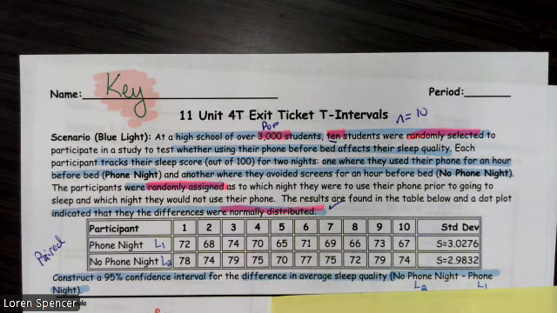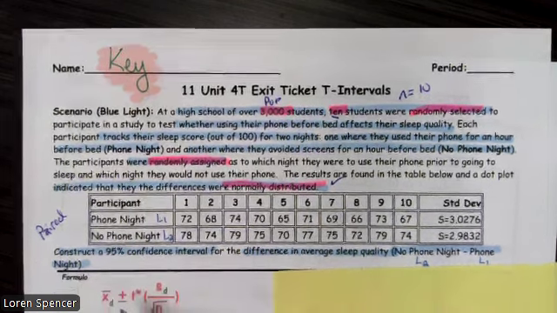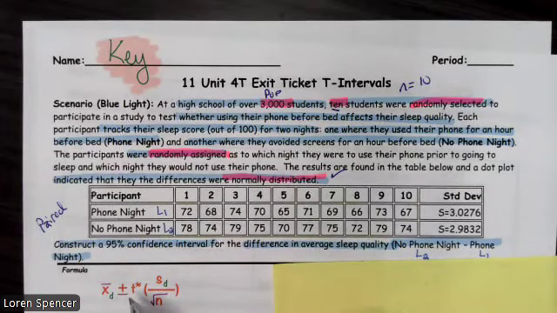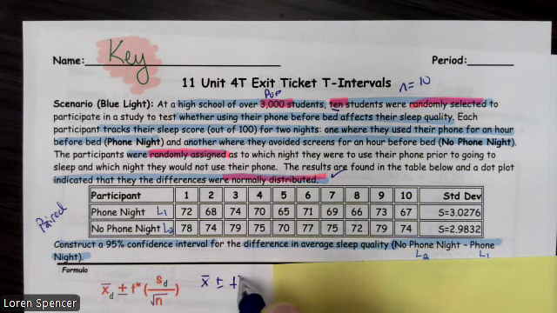Make sure we have that, because this means it's going to be L2 minus L1. So my formula is x bar d plus or minus t star s d divided by square root of n. I know this looks like a one sample t, but one sample t does not have the d's. And if you don't have the d's, it's not right because this is paired.